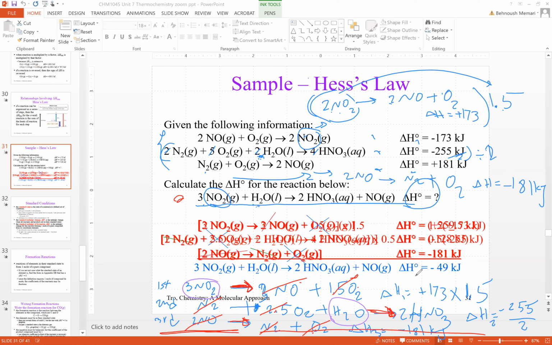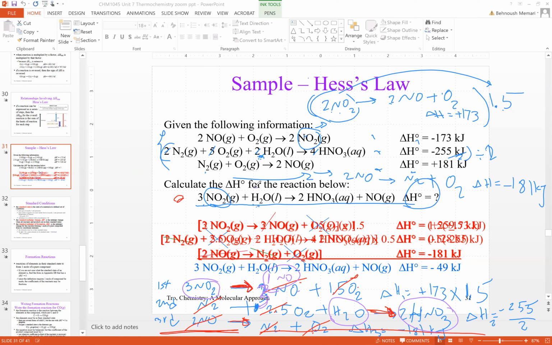And then on the product side, we have 2HNO3 plus 1NO. We have the 3NO, and if we have 2NO, 2 of this would be canceled with 2, and 1 is left. So it's going to be 1NO on the product side.